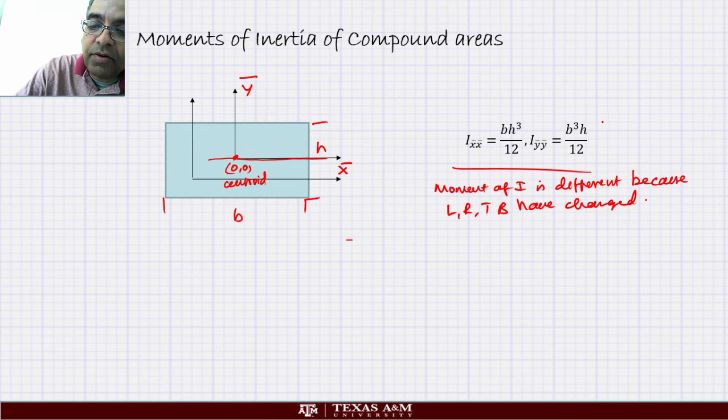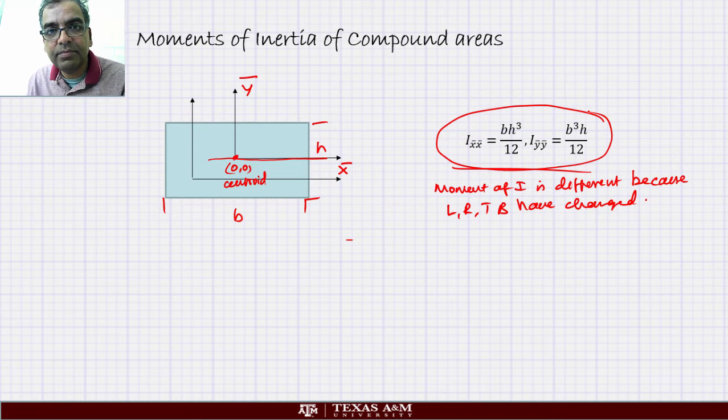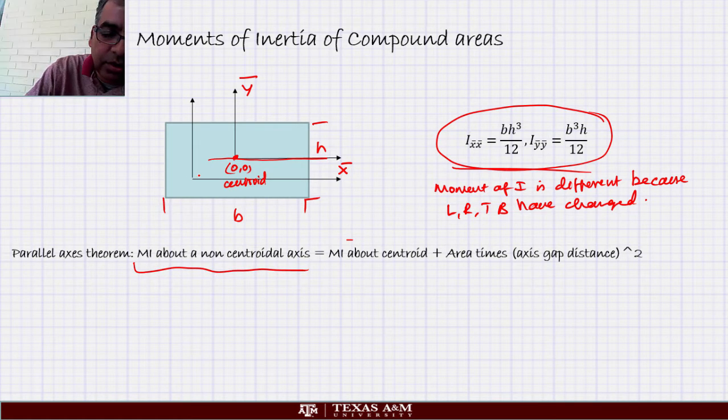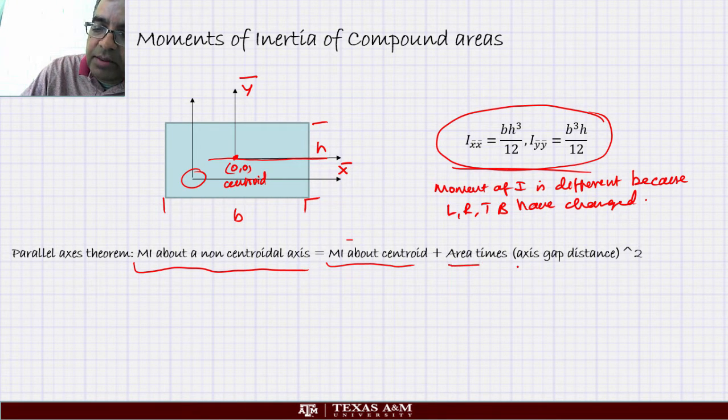The thing is, if I know the moment of inertia around the center of mass, I can compute the moment of inertia about any other axis. This is called the parallel axis theorem. It says, if I want the moment of inertia about a non-centroidal axis, I first find the moment of inertia about the centroidal axis and then add to this the area times the axis gap distance squared.